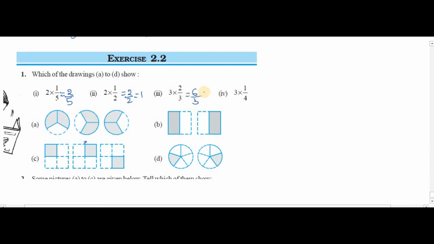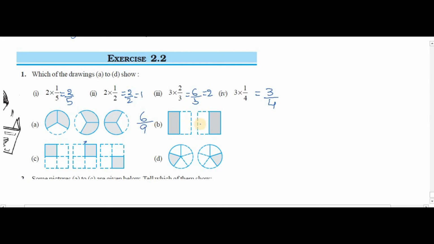3 twos are 6 and 3 twos are 6. 3 by 4. 1 2 3, 1 2 3. First we'll try to write this in fractions. 1 2 3 4 5 6 by 1 2 3 4 5 6 7 8 9.